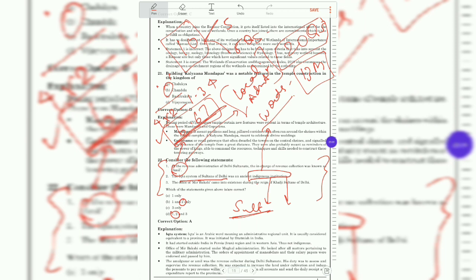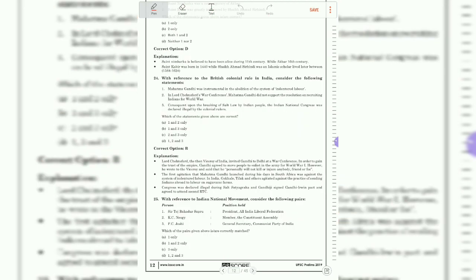Okay, so in this question again, the Mir Bakshi came into existence during the reign of the Khalji Sultanate. No, Mir Bakshi was in the Mughals, right? From there also, with basic understanding of the Mughals, you will be able to eliminate this.